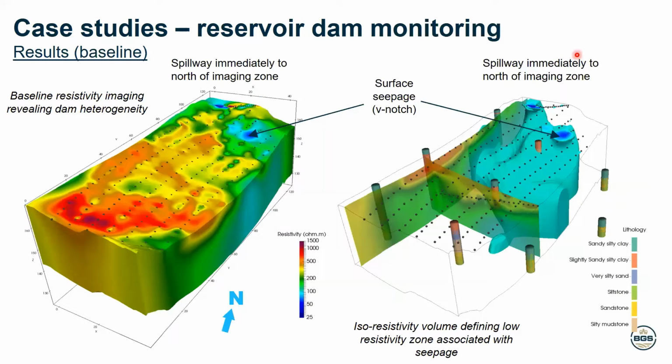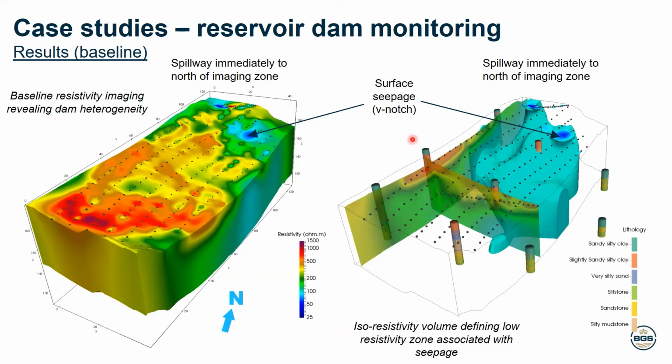And then here are first results as a baseline, showing the distribution of the resistivity in terms of a 3D model of the dam, which first shows that the dam is quite heterogeneous in terms of resistivity, which points to variation in the material composition at the surface of the dam, but also changes in the moisture content, as we can see that the area of seepage identified at the surface of the dam shows up as a conductive area, the blue color here that we can see.